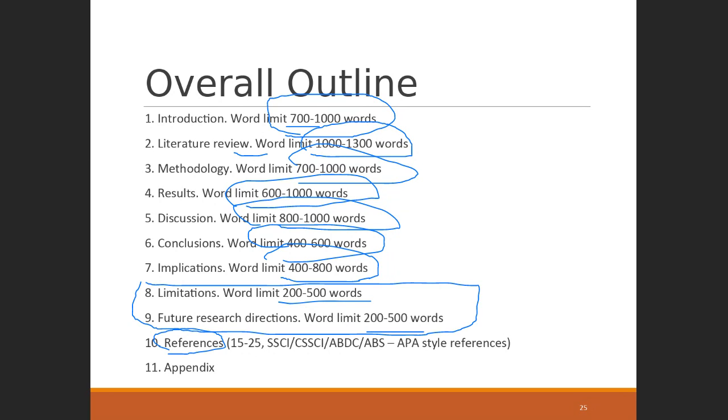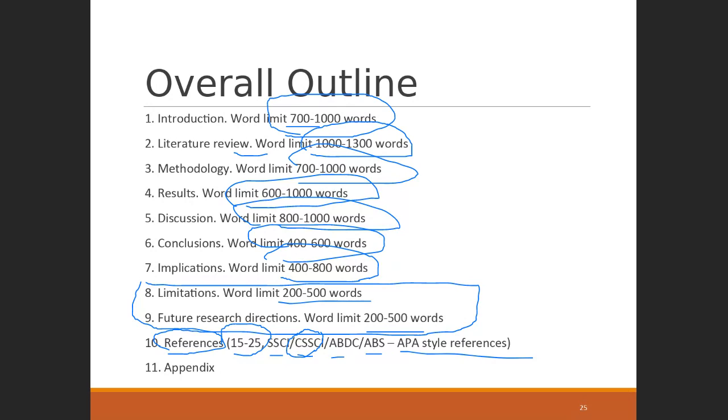References: you need to have 15 to 25 references, and all the references must be from SSCI papers or CSSCI papers, which are Chinese papers, or ABDC or ABS papers, using APA style references. Of course, if you are not able to find your relevant research in these indexed directories, then you can also use other research papers.